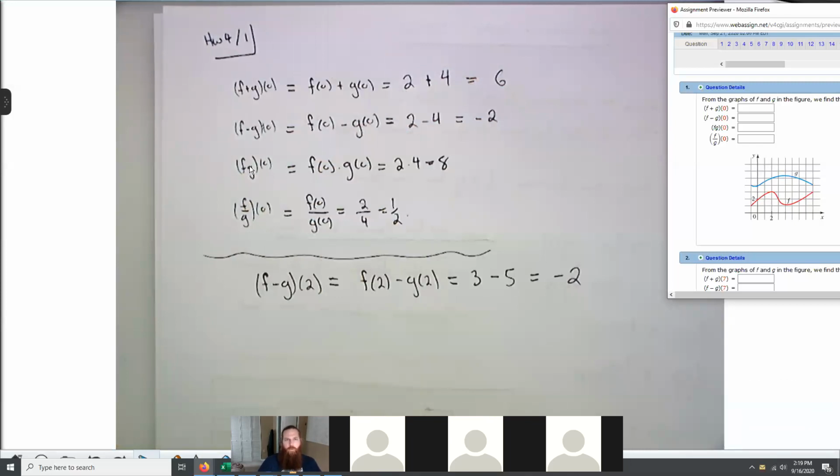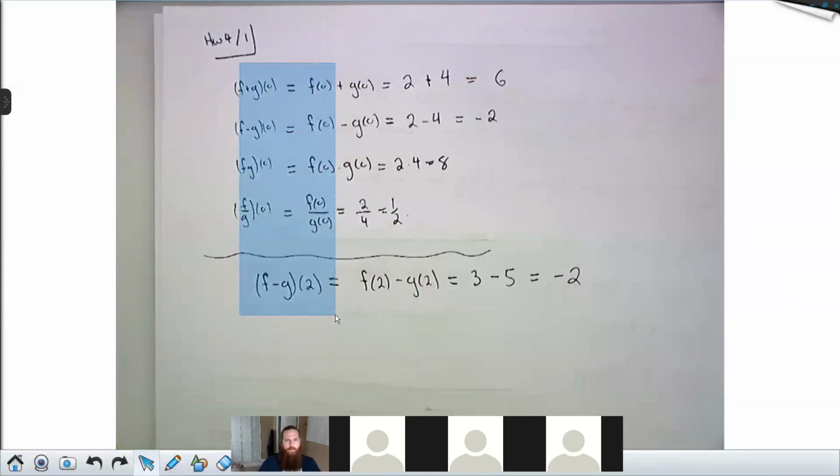Do we feel comfortable with this notation? Are there any questions about how we're getting these? If you do find yourself stuck or uncertain, remember to write this step.